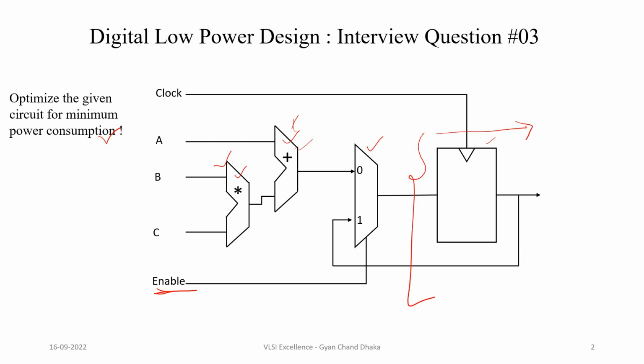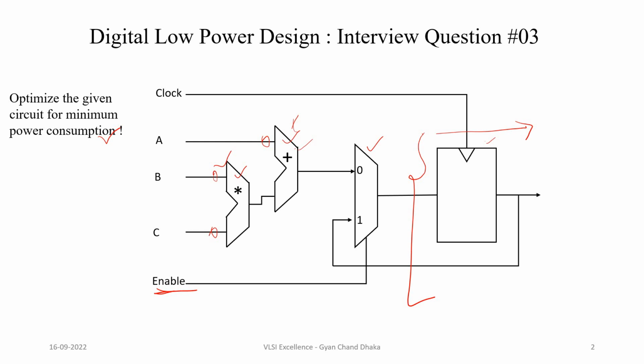So if somehow we can make sure that whenever the enable signal is high, there is no switching activity happening in the multiplier and adder hardware. To make it simpler, whenever the output of multiplier and adder is not used, if somehow we can make sure that the inputs to the multiplier and the adder are static.